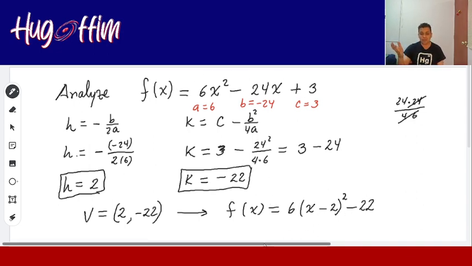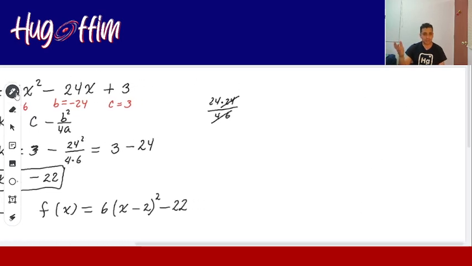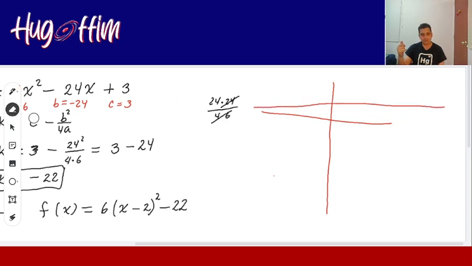What does this form imply? I'm going to try to do kind of a graph here. So this implies that my graph, if I want to plot it, will have its vertex at 2 and negative 22.